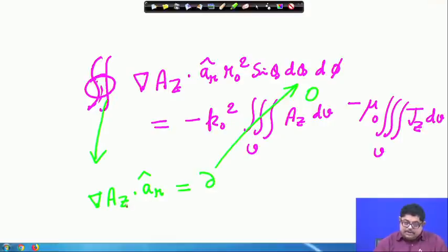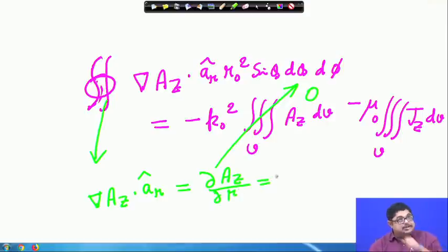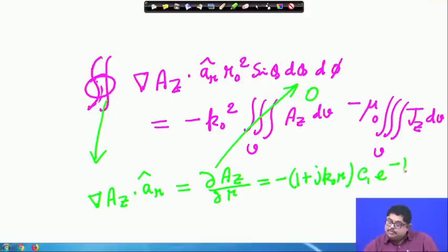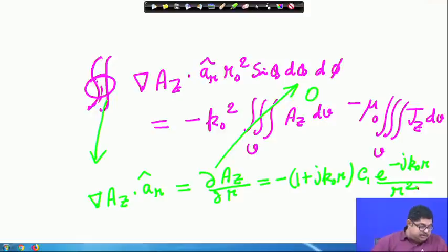This is nothing but del Az del R, and I know the value of Az, C1 e to the power minus j k naught R by R. So, if I do this, I will get minus 1 plus j k naught R C1 e to the power minus j k naught R by R square. You will see this, that if I do this, it will be this.